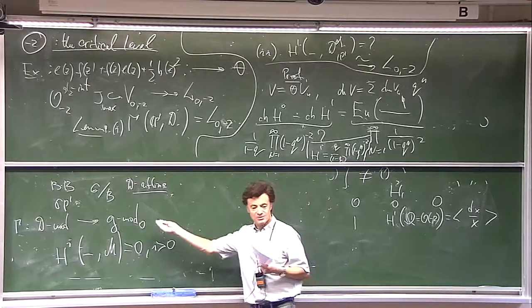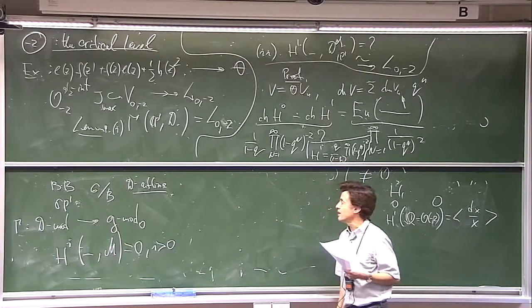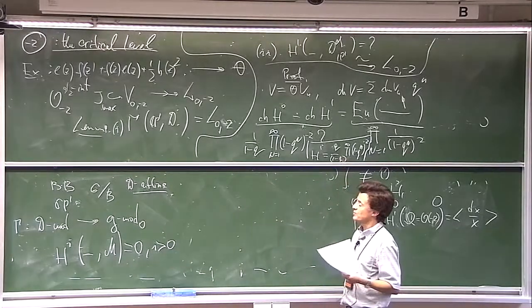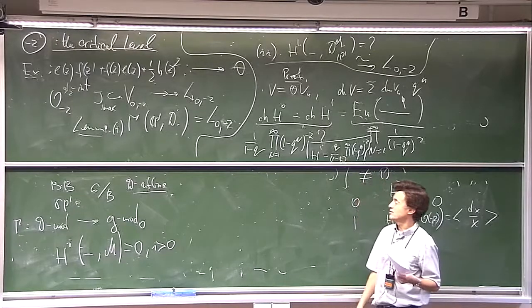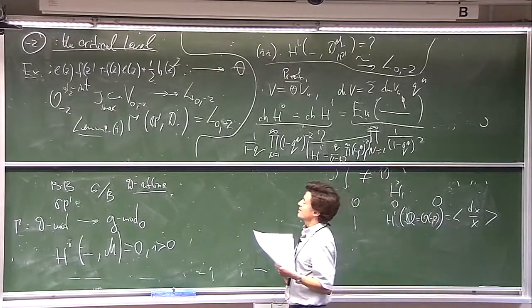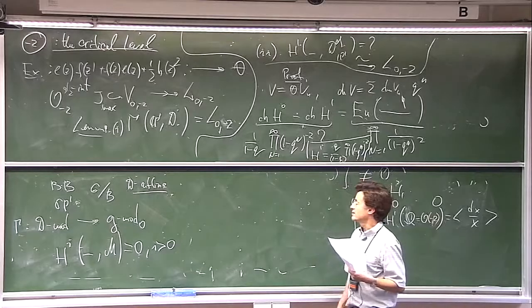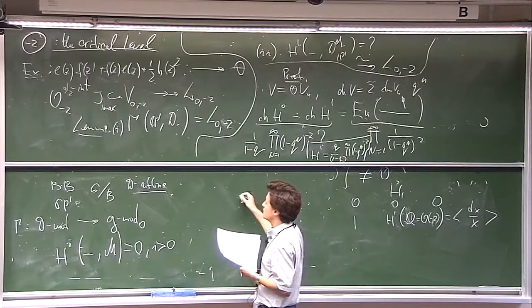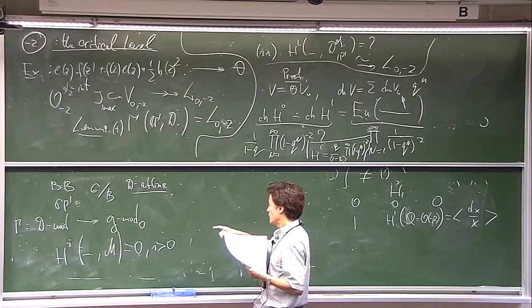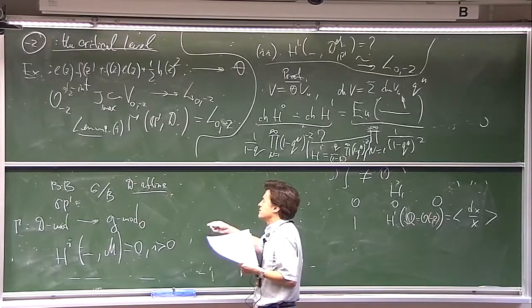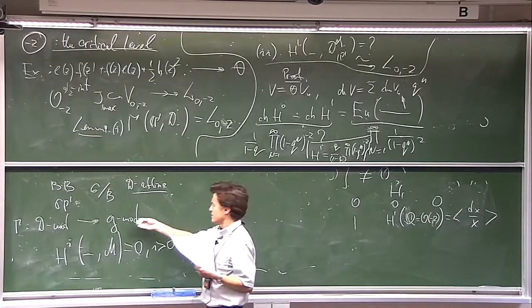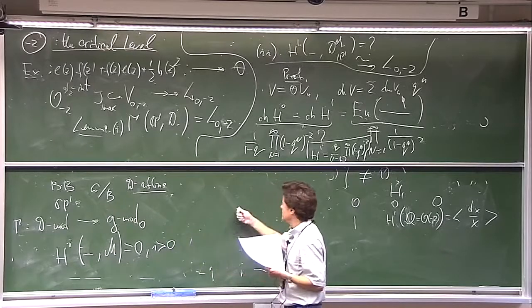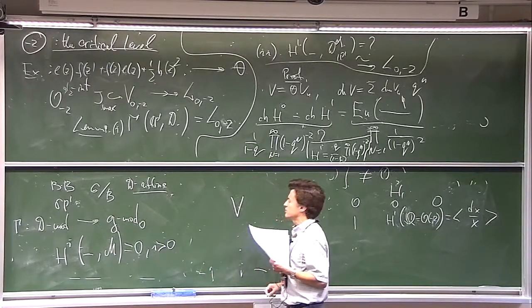So in this sense, this is D-affine. Our situation is, whether this is good or bad is of course a matter of personal taste, but in this case, that's different.